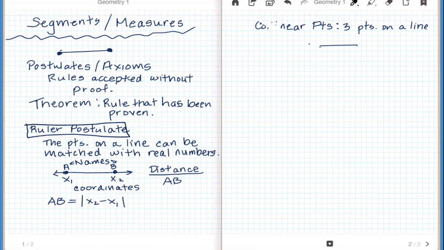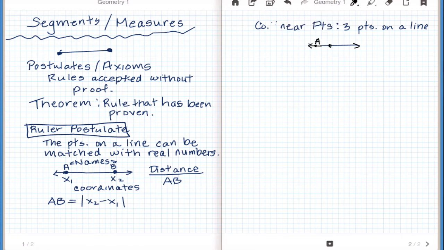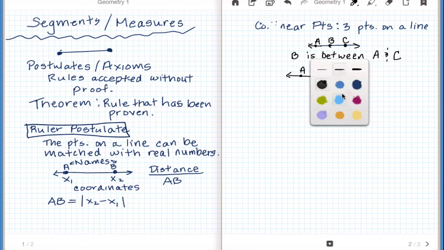Okay, so we have 3 points on a line. So I have A, I have B, and I have C. So in this case, these are collinear points, and I could say that B is between A and C. If the points are not collinear, so let's say I have something like this, and I have A, and I have C here, but I have B out in a different plane.